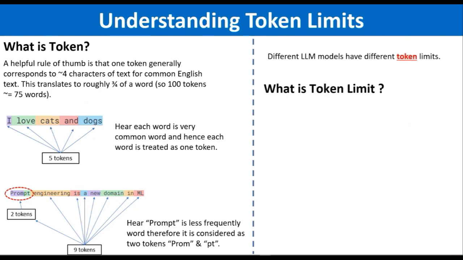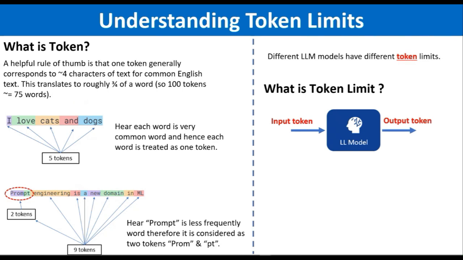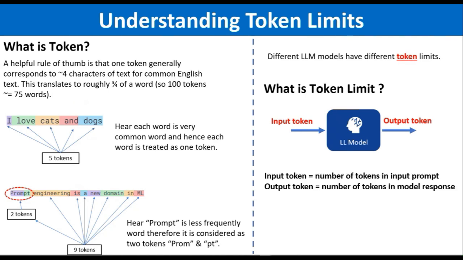Now, what is token limit? So different LLMs have varying token limits. These limits define the maximum number of tokens the model can process at one time. A model processes both input tokens as well as output tokens. The input tokens is the number of tokens in the input prompt, and the output tokens is the number of tokens generated in the model's response.